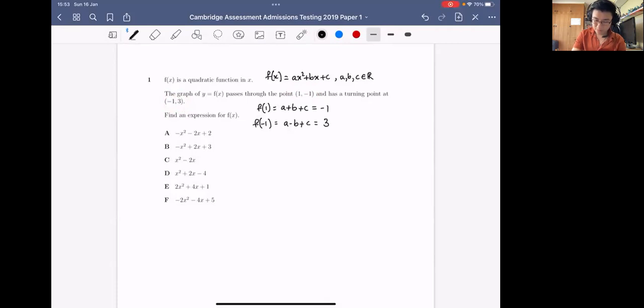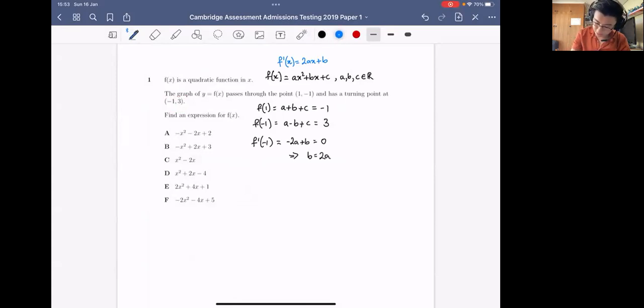Furthermore, we know that (-1, 3) is a turning point. This implies we have to differentiate f of x, which is 2ax plus b. But then that means that f prime of -1, which is -2a plus b, is 0. This then gives us b is equal to 2a.